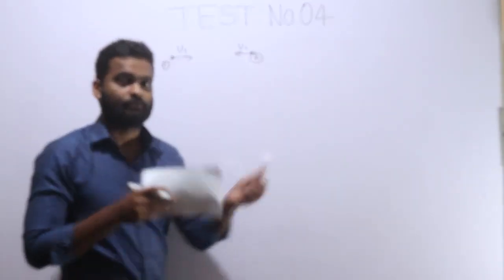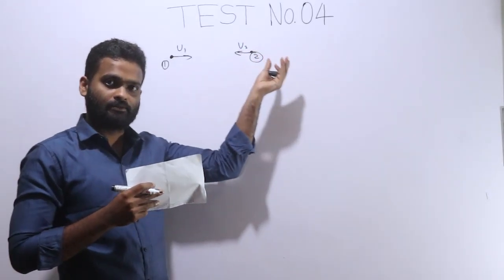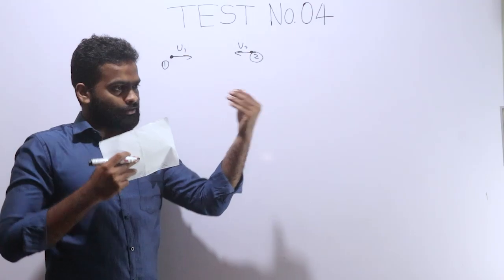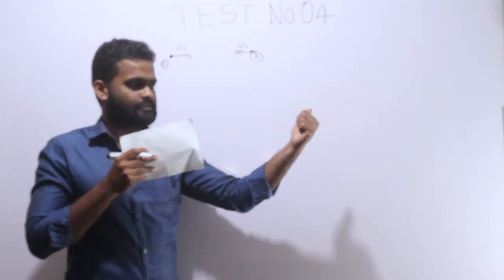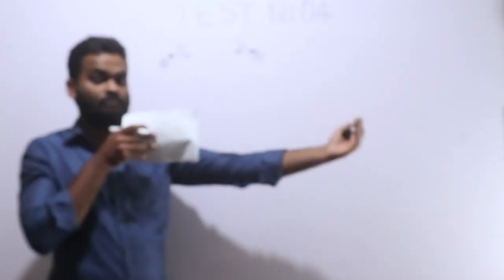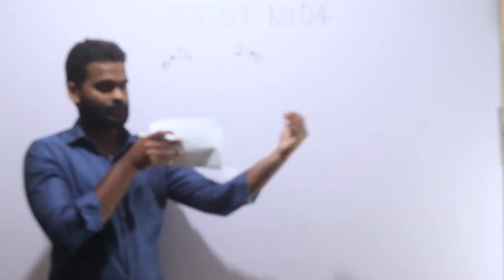So we know that relative velocity, they have a certain speed. For the relative velocity to be maximum between the objects, they should come face to face, right?